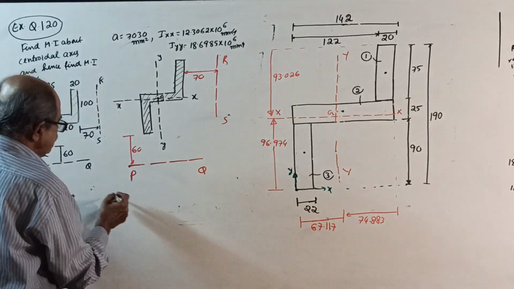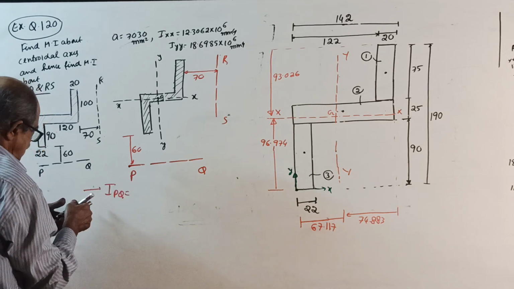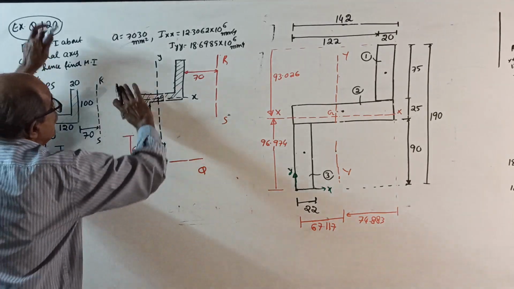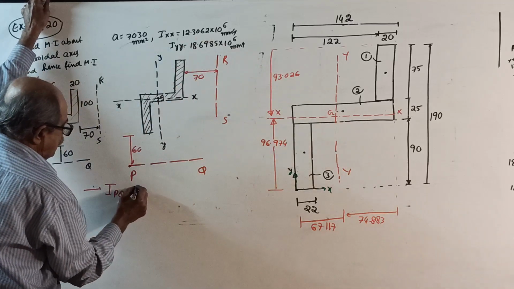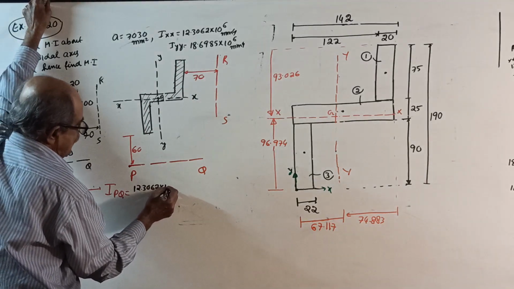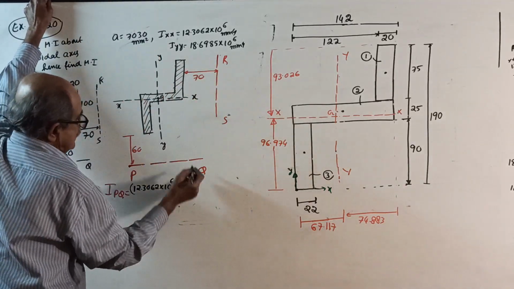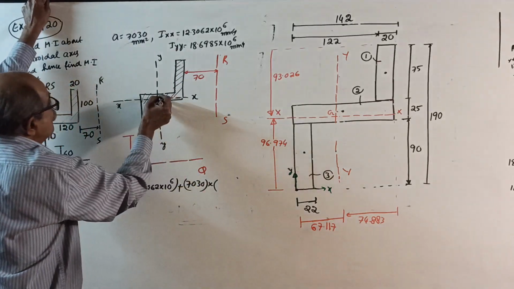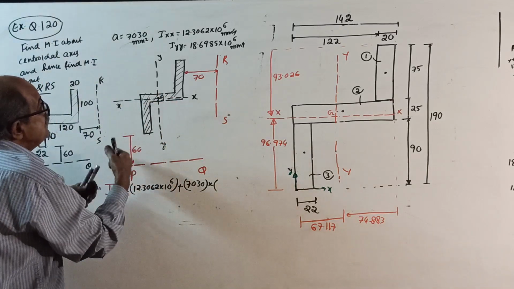Now, using the parallel axis theorem, IPQ equals, considering the entire area as one unit, I about the centroidal axis, 12.3062 into 10 to the power 6 as Ig, plus the full area 7030 into the distance from centroid to PQ, this distance square.